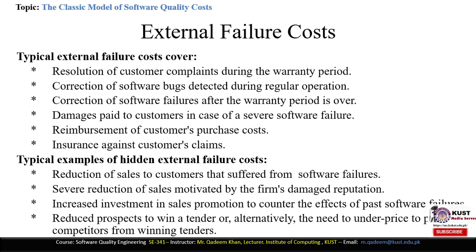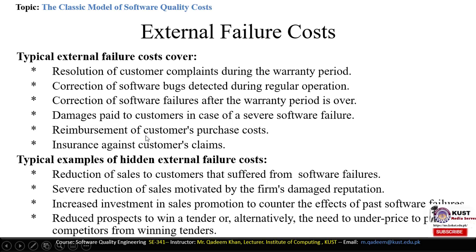Mostly, if the organization is of low quality, they have to repay or reimburse to the customers all the expenses incurred on the development of the project. That is a very dangerous situation, when the customer demands payment of the budget spent on the project because of severe failures of the software.